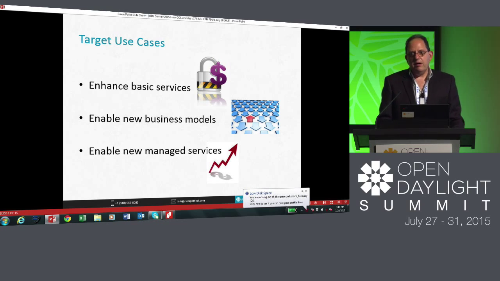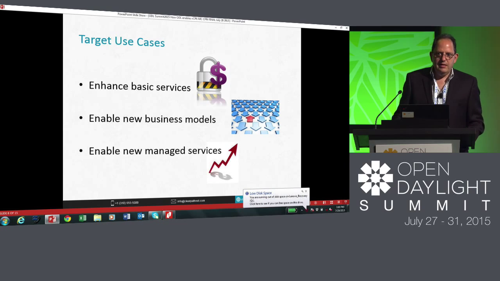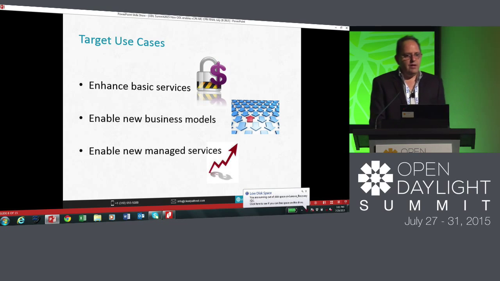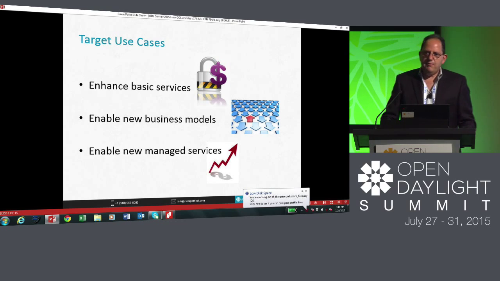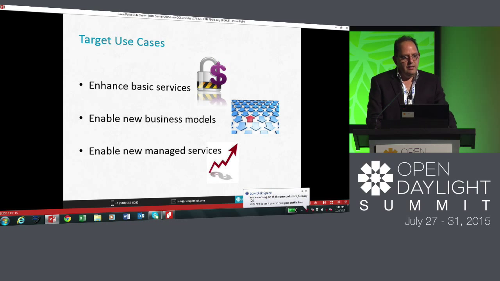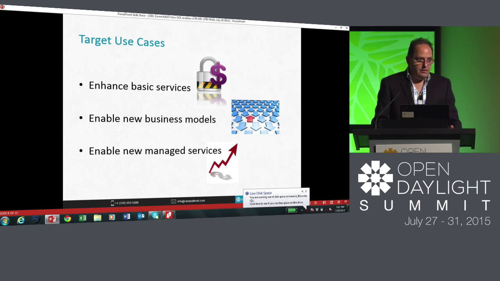And then finally, we want to also be able to provide the new managed services, or in other words, more sophisticated capabilities that not necessarily all of the customers or subscribers are interested in, but certainly a subset of them are, and then be able to help efficiently enable those operators to deliver those new capabilities.